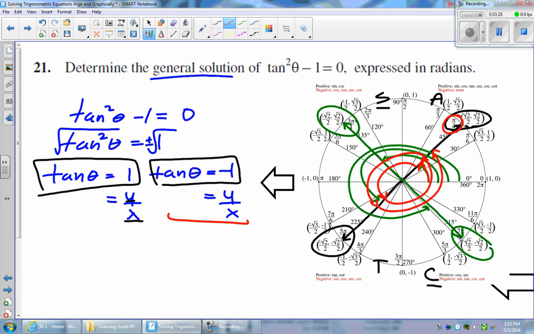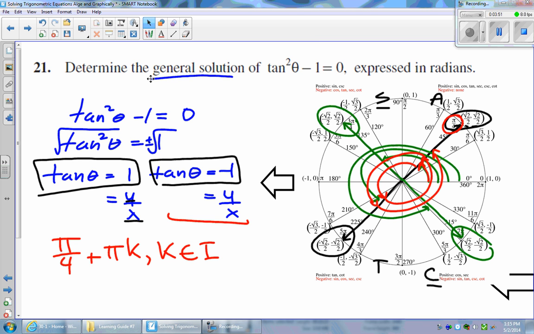Okay, so for the first general solution, we have pi over 4 plus multiples of pi, and to show multiples we multiply by variable k, where k can be a member of the integers, because we can not only go in the counterclockwise direction but also in the clockwise direction. So that takes care of those solutions, but we also have solutions in quadrants 2 and 4.